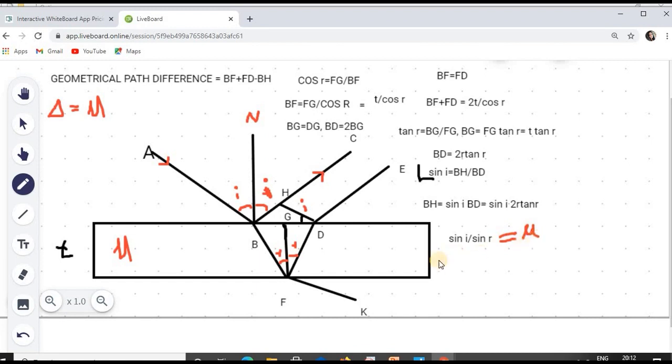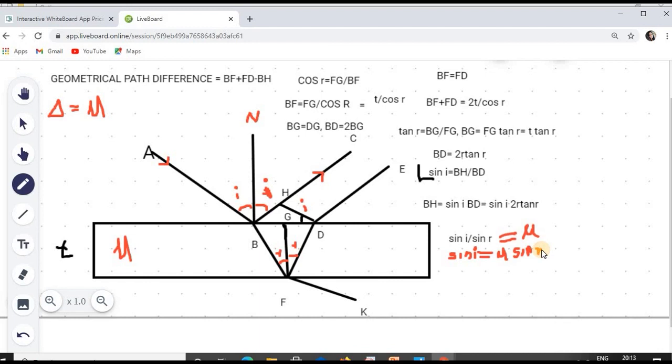From that I can write sin I is equal to mu into sin r.